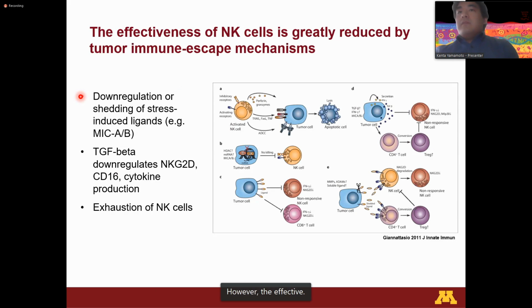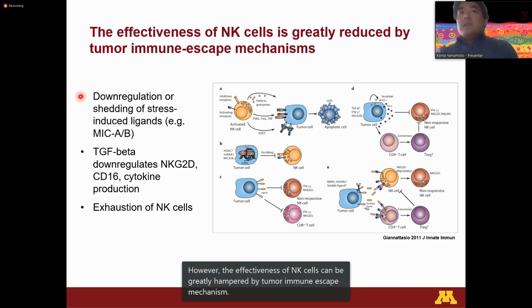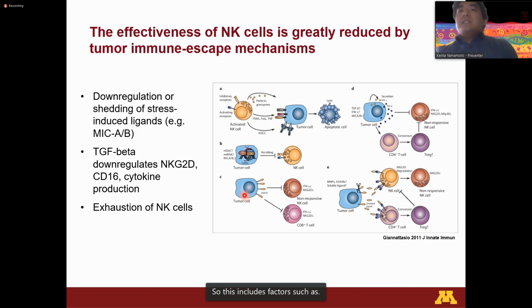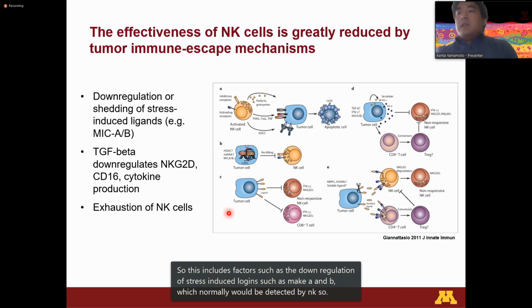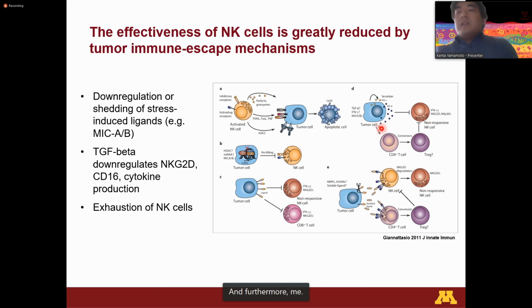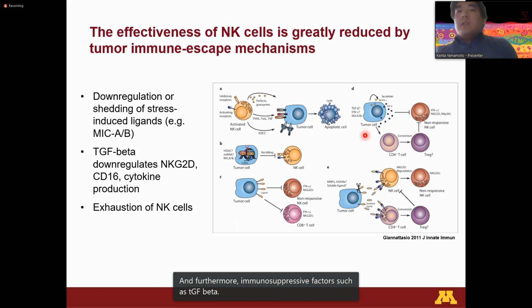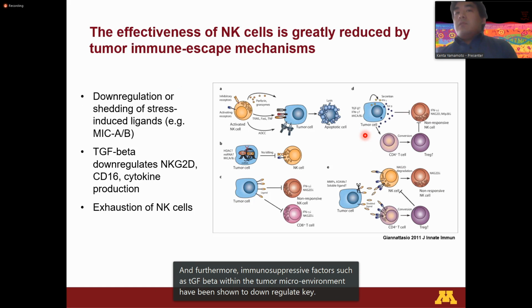However, the effectiveness of NK cells can be greatly hampered by tumor immune escape mechanisms. So this includes factors such as the downregulation of stress-induced ligands such as MICA and MICB, which normally would be detected by NK cells and targeted for eradication. And furthermore, immunosuppressive factors such as TGF-beta within the tumor microenvironment have been shown to downregulate key NK receptors such as NKG2D or CD16, as well as hamper their production of cytokines.